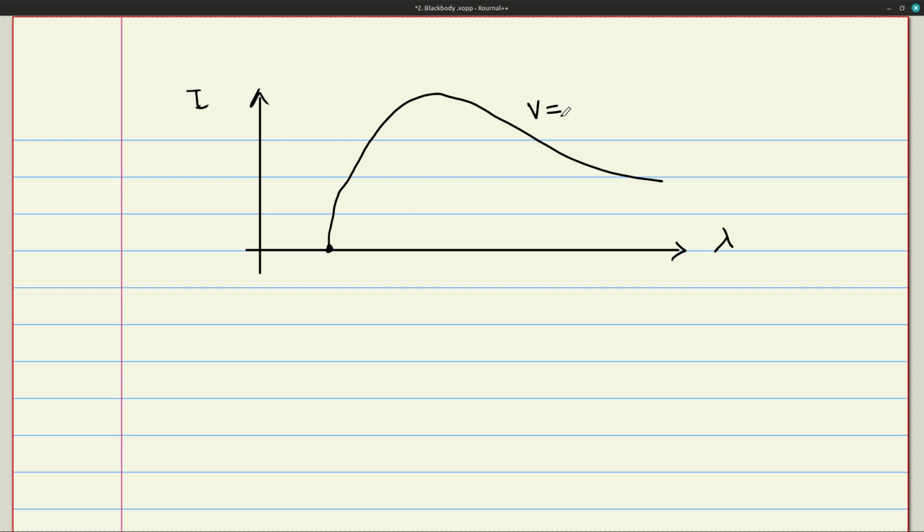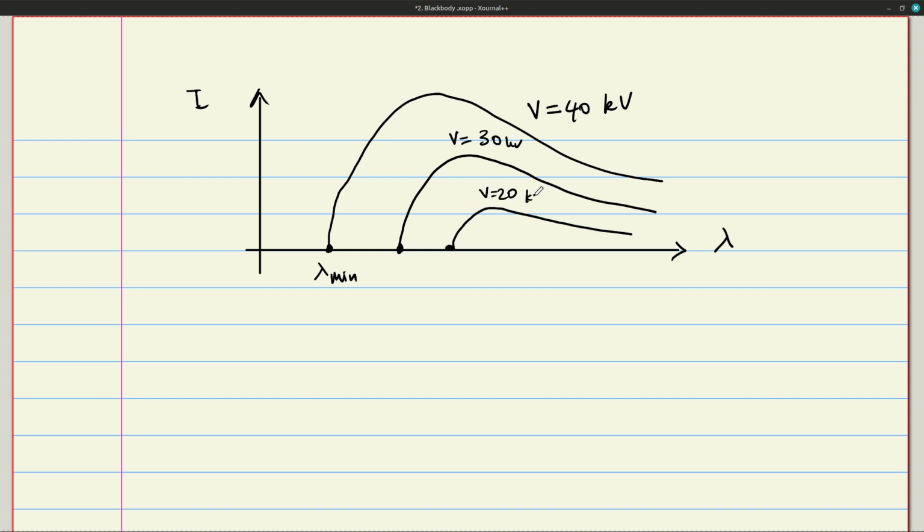So this is, for example, V equal to 40 kilovolts. This is a huge energy, if you didn't know about kilovolts. So this is some lambda min. If you change the voltage, say this is V equal to 30 kilovolts. And if you change it even more, this is V equal to 20 kilovolts. So this is, for example, for a tungsten target.